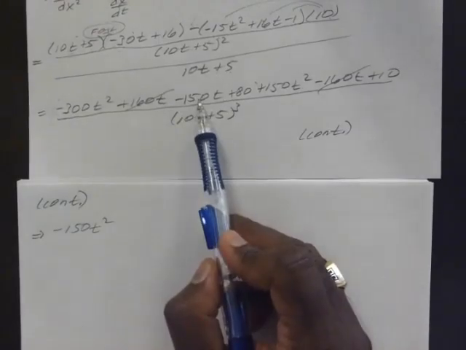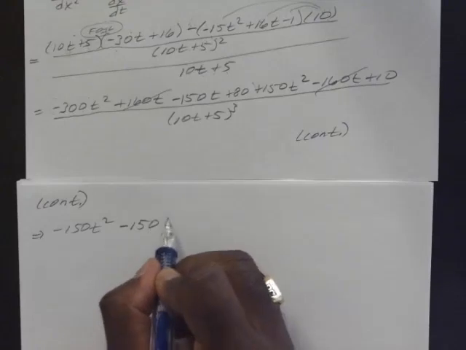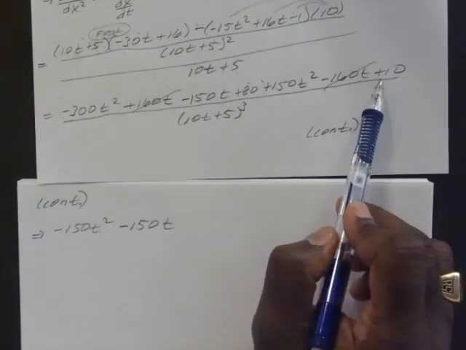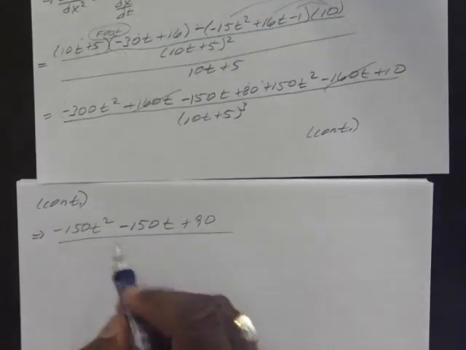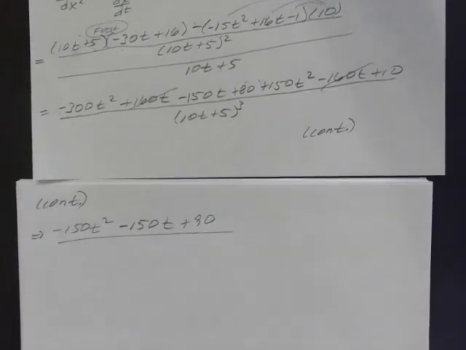Now if we combine negative 150t, well, these two already canceled each other out, so it's still negative 150t. And we combine the 80 plus 10, that gives us 90, divided by that 10t plus 5 to the third power.